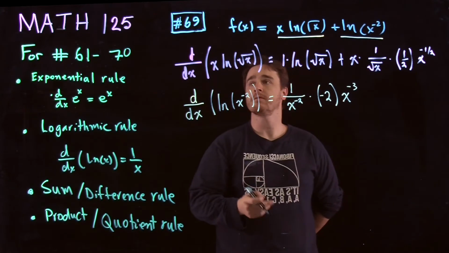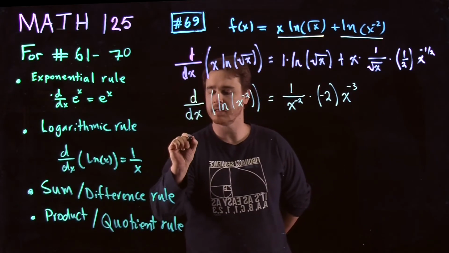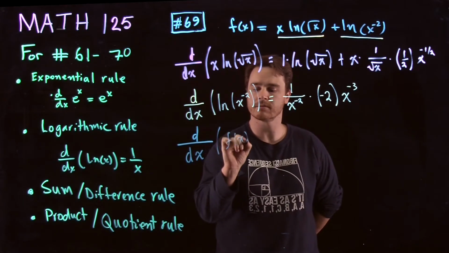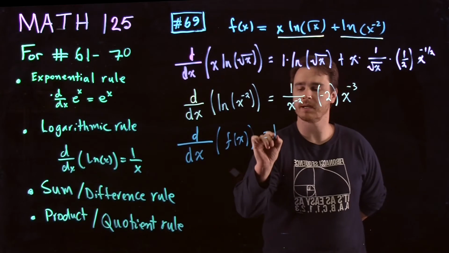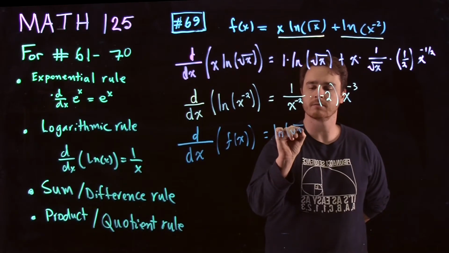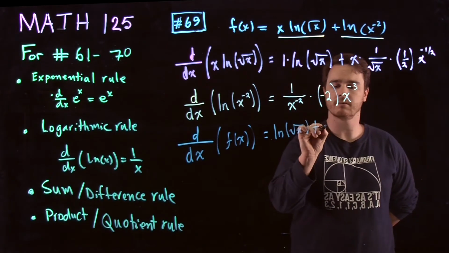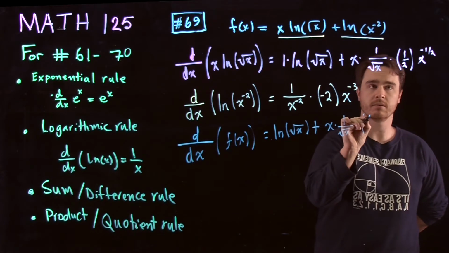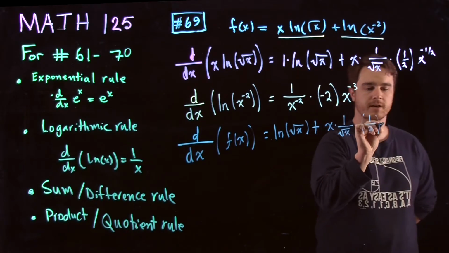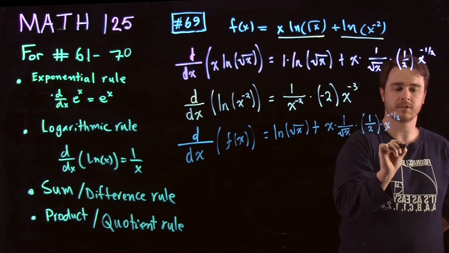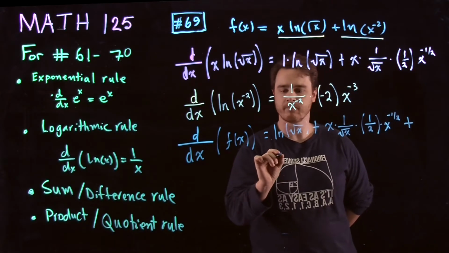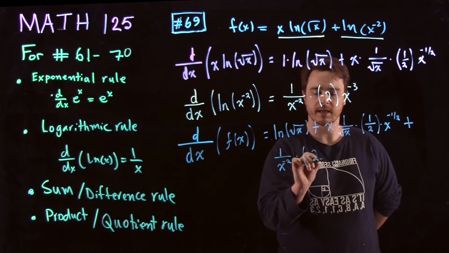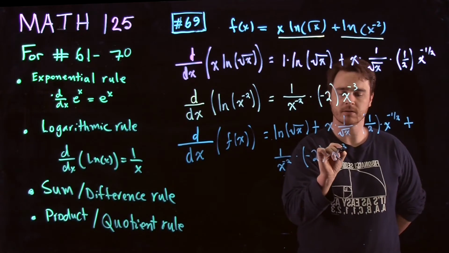So, using our sum and difference rule, that tells us that the derivative with respect to x of f of x is equal to the natural log of the square root of x plus x times 1 over the square root of x times 1/2 times x to the negative 1/2 power plus 1 over x to the negative 2 times negative 2 times x to the negative third.